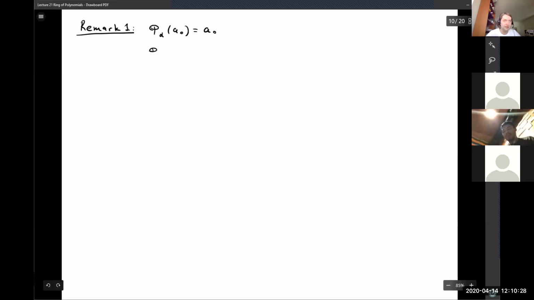If we take evaluation of a polynomial a1 times x, we get a1 times alpha, and that's in E. And another remark is, what's so special about polynomials? Remark 2.